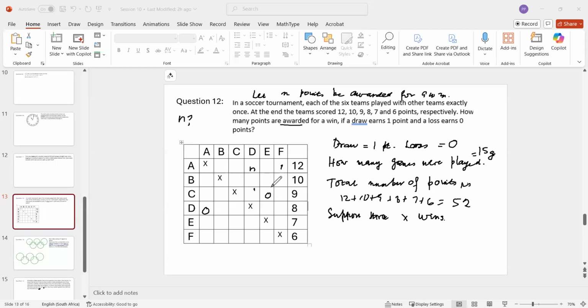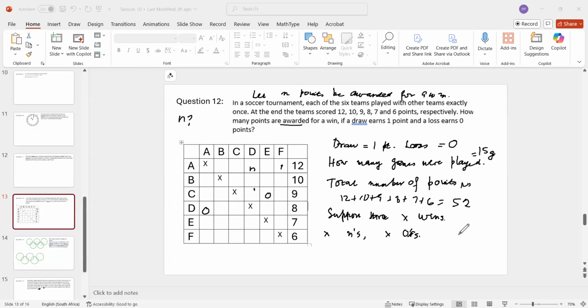There are x n's here. And likewise, there are x zeros here. So you'll have x n's, x zeros. So that accounts for 2x of these numbers.